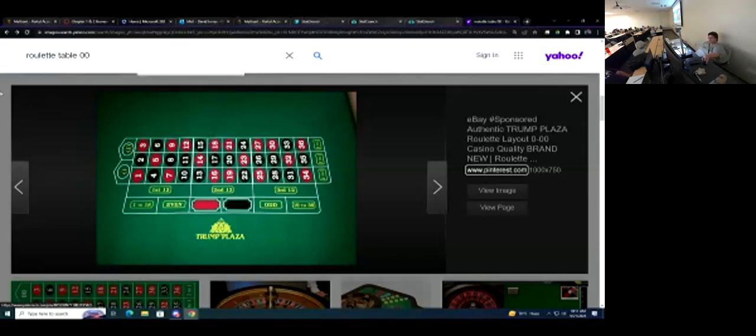So there's 0 and double 0. And so you can bet on any particular number. You can put your chip between 2 numbers. You can put it on a corner and bet on 4 numbers. You can put it on any of these that say first, second, or third 12, and it does the entire group. You can bet on an entire row. You can bet on first half 1 to 18, second half 19 to 36, odd or even, or red and black.